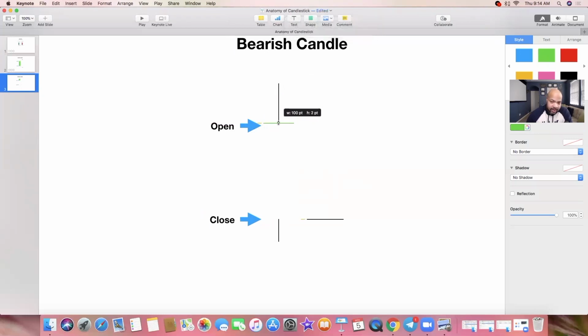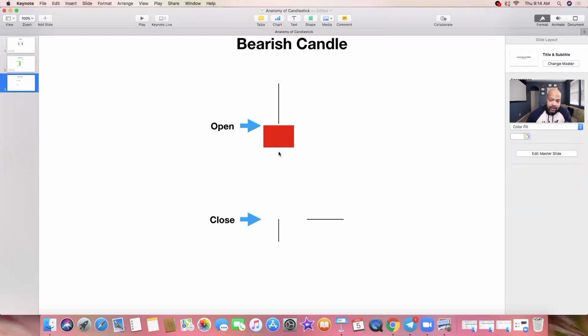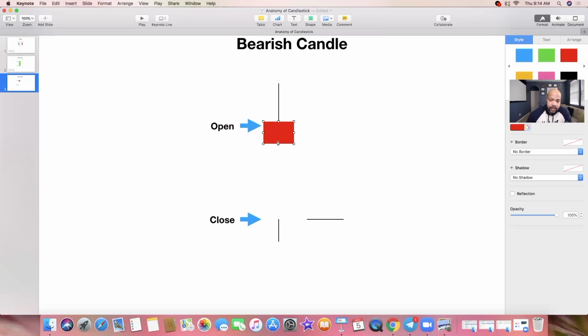It goes back to the open area, and as it goes below the open area, guess what? It turns red. It comes all the way down, and it starts to form. It comes down here, it goes back up, and it starts to form this wick, and it closes here. Once that hour is up, it starts a new candle.